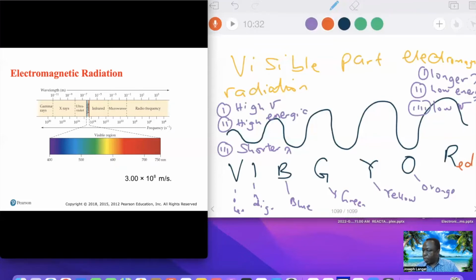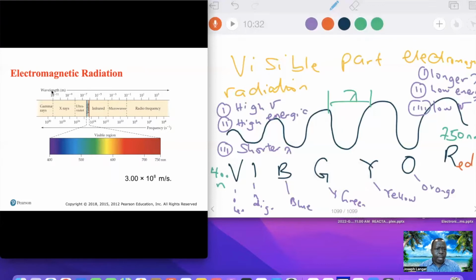Here we have 400 nanometers, and this is 750 nanometers. This is the wavelength, so that you know how to relate the energy with this region.